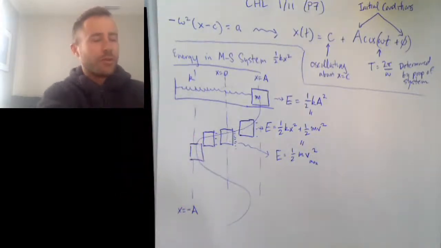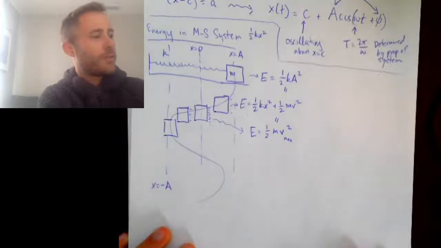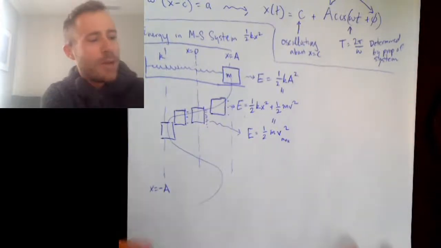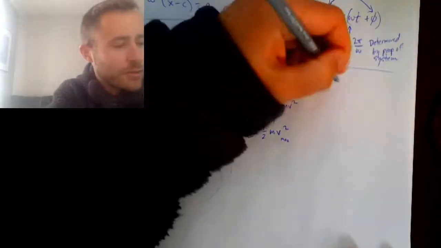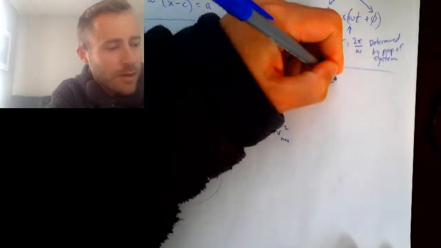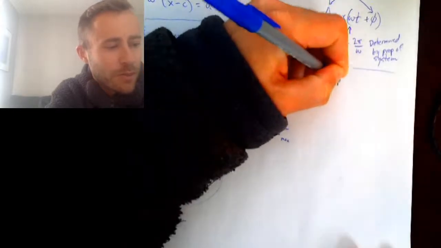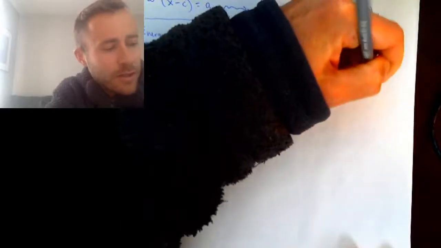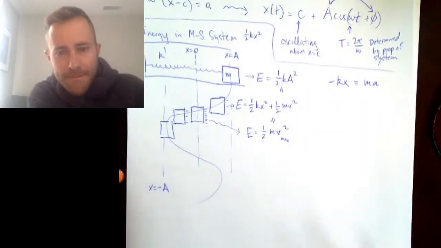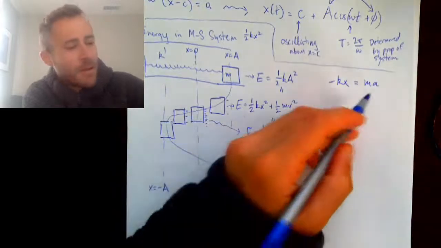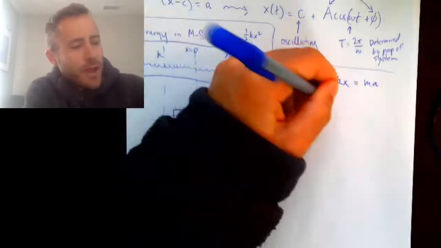system. So first of all, let's just go back to the basic equation for the mass spring system. The net force is the elastic force, minus kx, and that equals ma. Divide both sides by m.